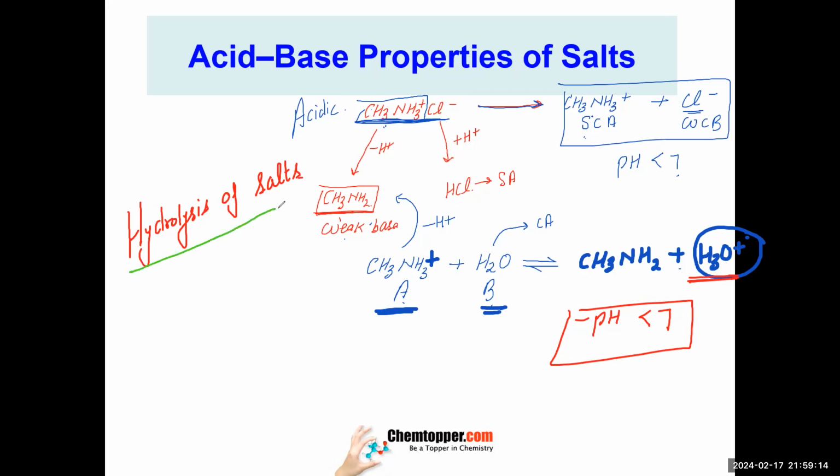It means if there is a strong conjugate base, it will force water to behave like an acid. This reaction of the conjugates with the water is called hydrolysis. Hydrolysis means reaction with water, right? Strong conjugate base will make water acid.